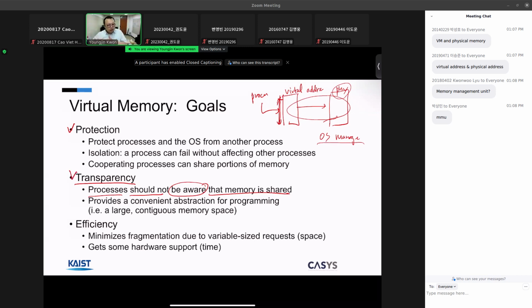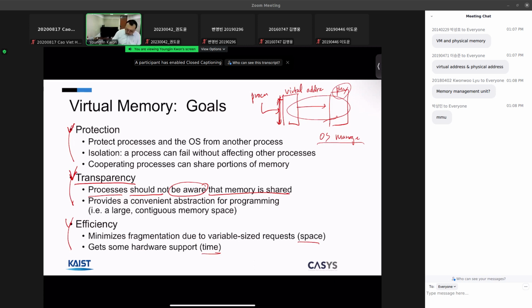The operation is not shown; it is transparent to the application. And obviously, the other one is efficiency, in terms of performance and in terms of space. Space should be saved, and there is hardware support for performance. Efficiency, transparency, and protection are the three requirements of virtual memory.